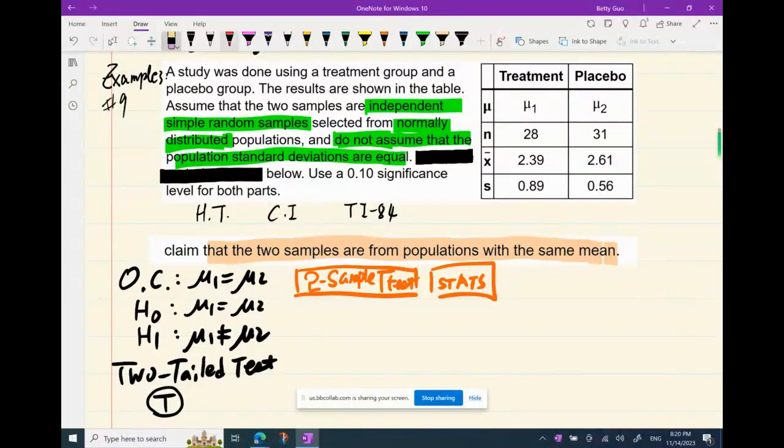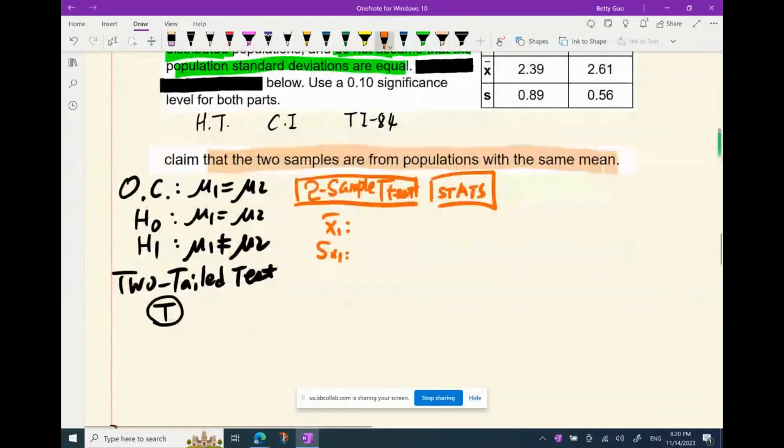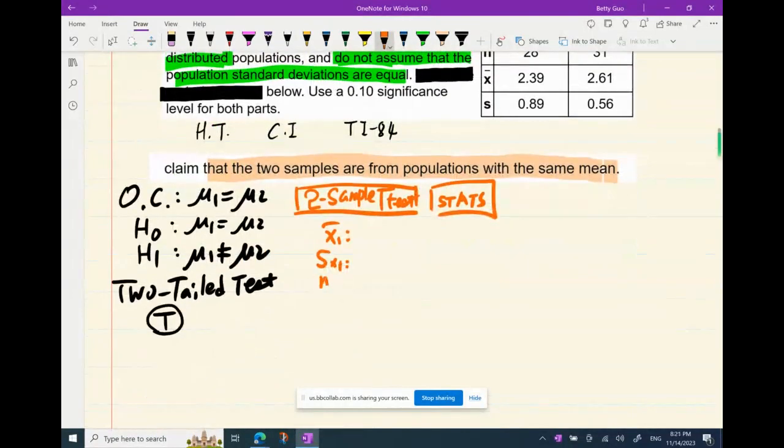We are going to enter the values for x1 bar, the sample mean, s sub x1, the sample standard deviation, n sub 1, and then x2 bar, the second sample mean, the second standard deviation, and the second sample size.